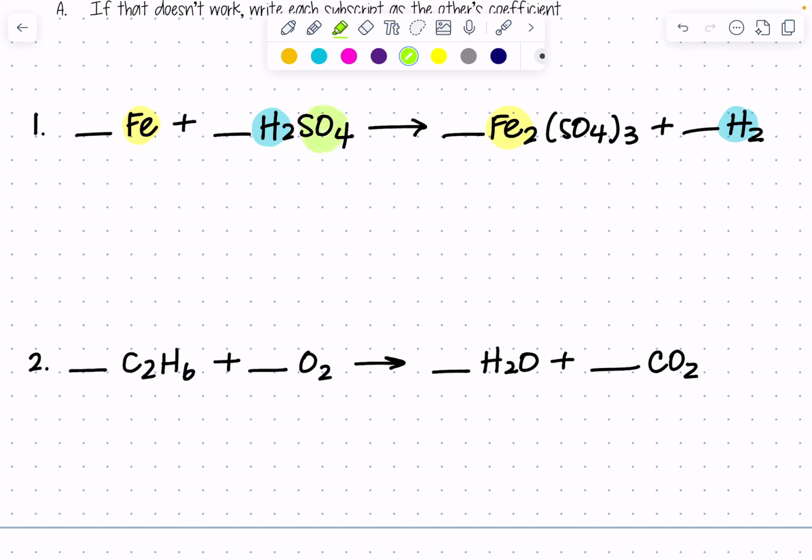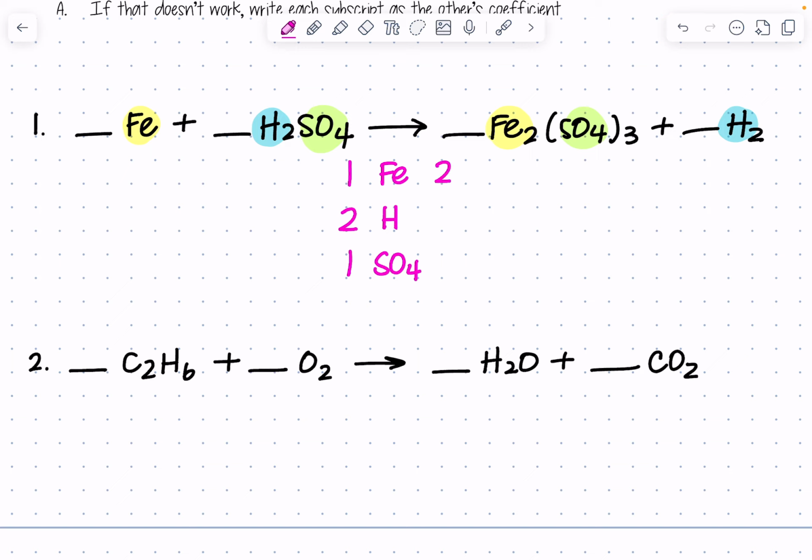So I can count sulfate as a single entity instead of as sulfur and oxygen. On the left-hand side of my equation, I have 1 iron, 2 hydrogens, and 1 sulfate group. On the right-hand side, I have 2 irons, 2 hydrogens, and 3 sulfate groups.